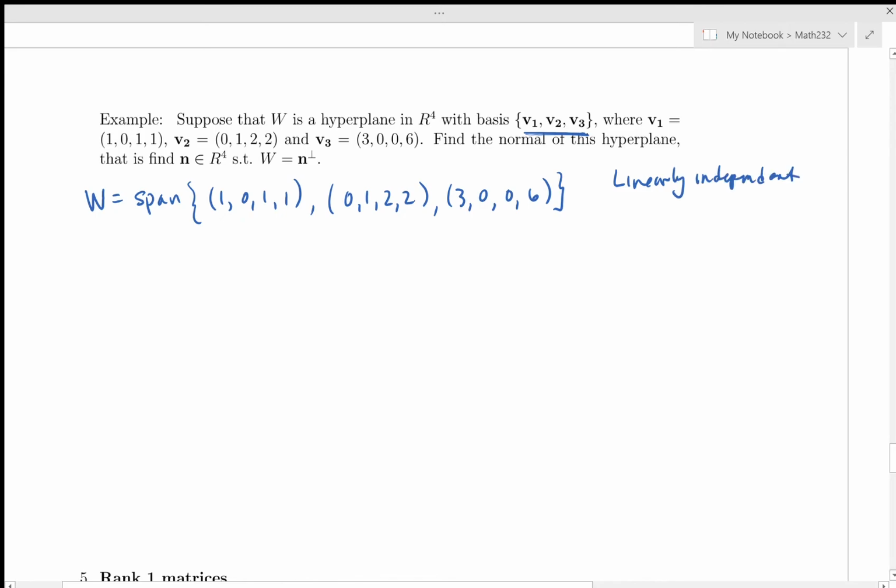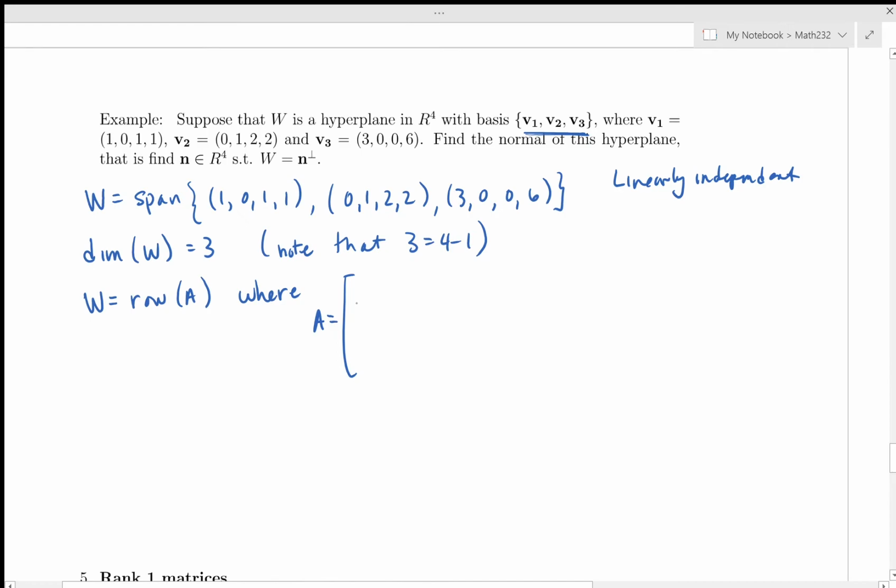So we have that then, because there's 3 vectors there and they're linearly independent, the dimension of W is 3. That has to be the case, since we were told it's a hyperplane in R4. We were just going to note that, sort of a check on what we're doing. Note that 3 is equal to 4 minus 1. Okay, so I'm going to write W as the row space of A, where A is equal to the matrix that has these vectors as rows.